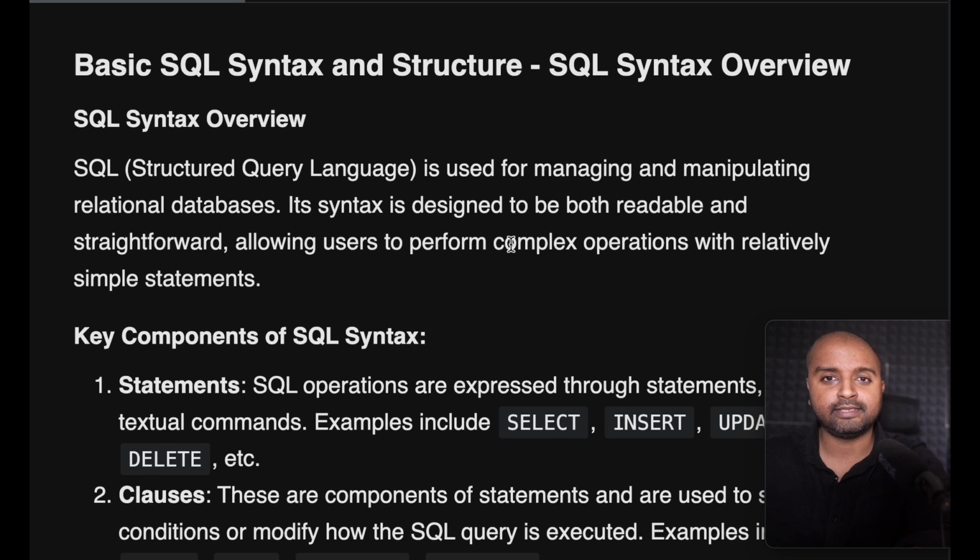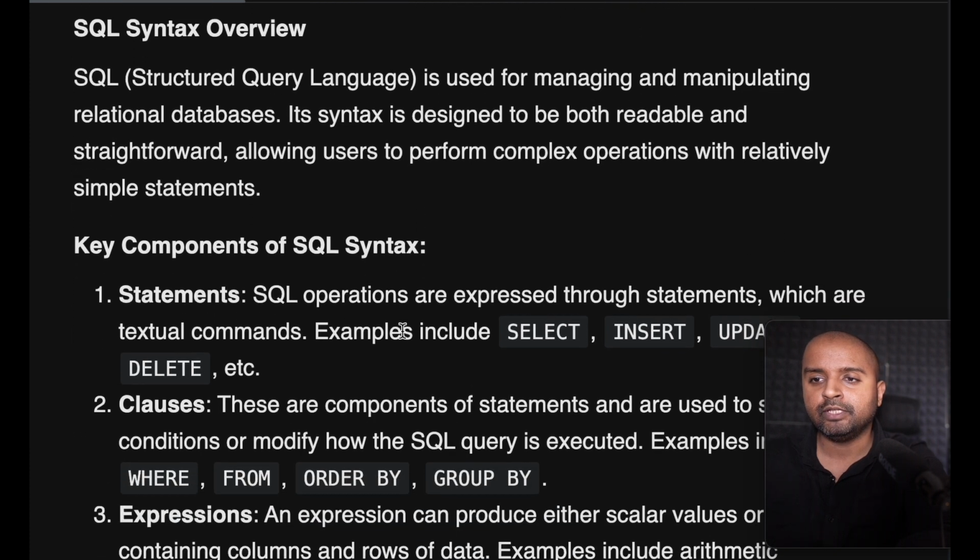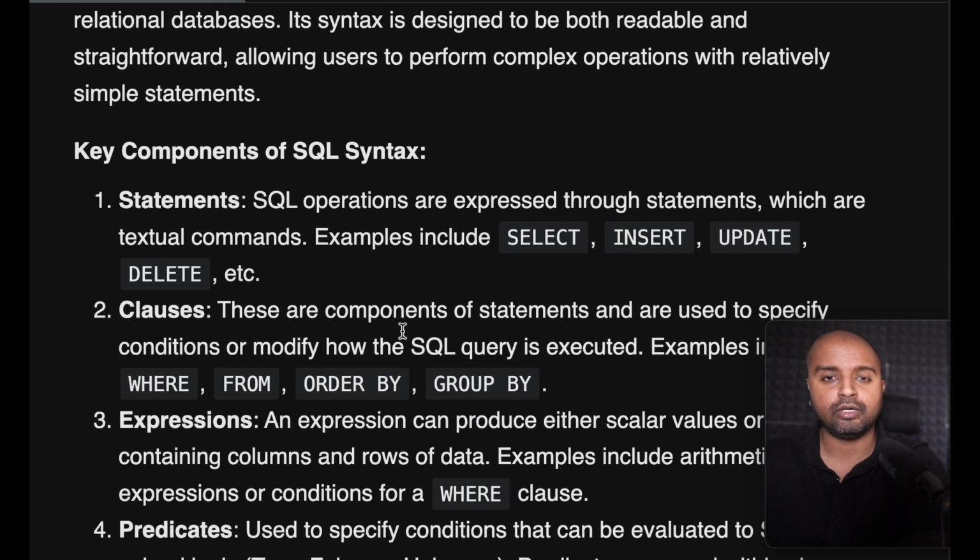So let's start to understand what this SQL structure is and how we can start to write some of these SQL queries. So there are a few key components that we have to understand within SQL. To keep things very simple, understand that there is a basic select clause within the syntax of SQL. We're specifying what are the columns that we want when we read the data. So imagine there's a customers table. If we want to specify, we need the name and the ID of the customer, that is where we specify.